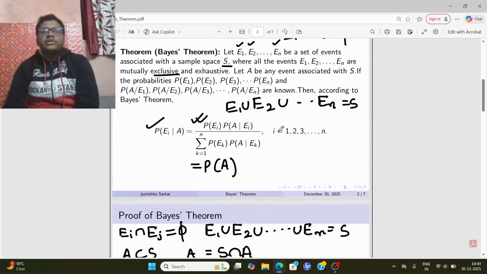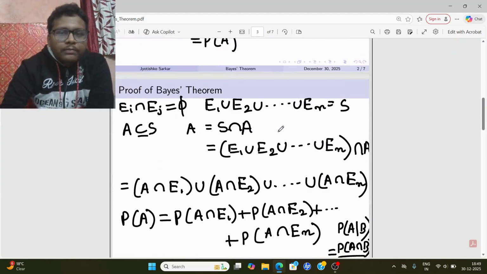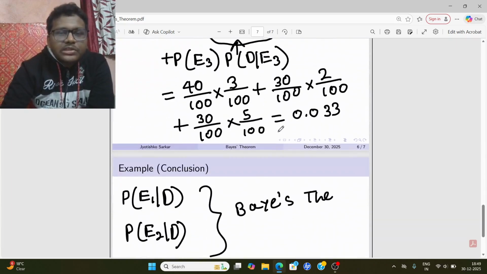Now we will use this theorem to solve our problem. Let's see, I will do only the first case.